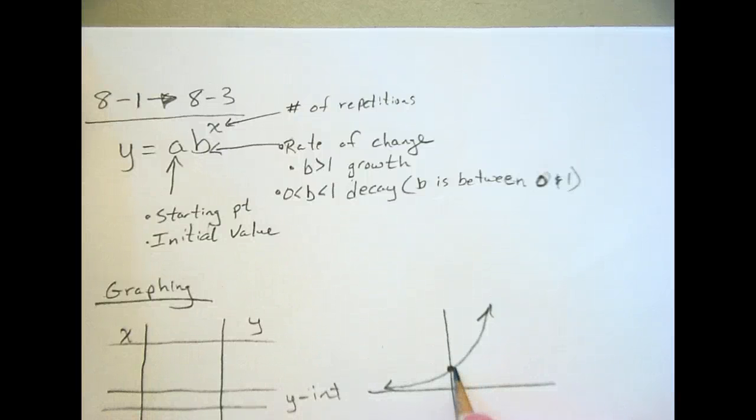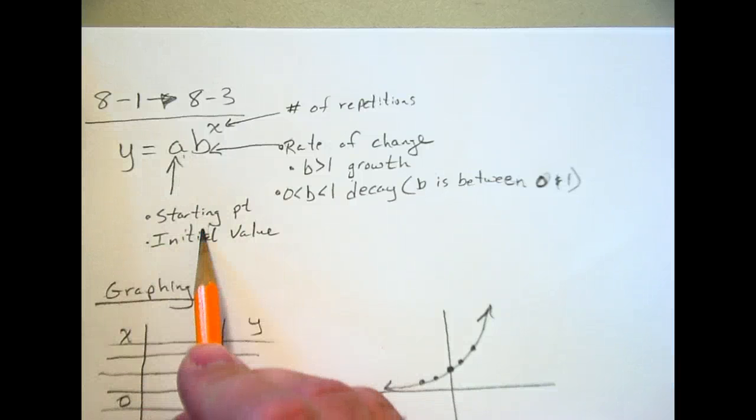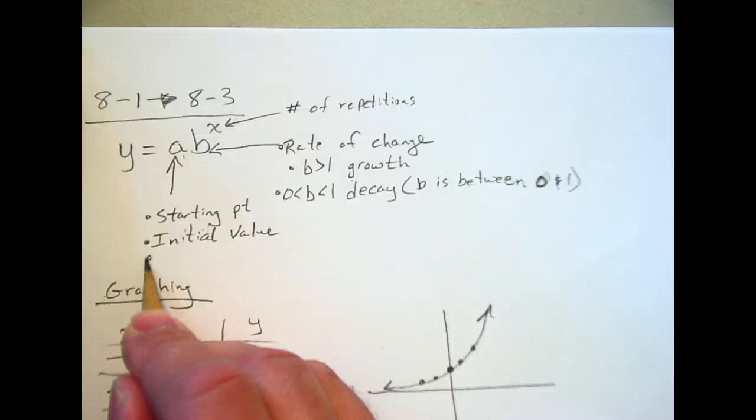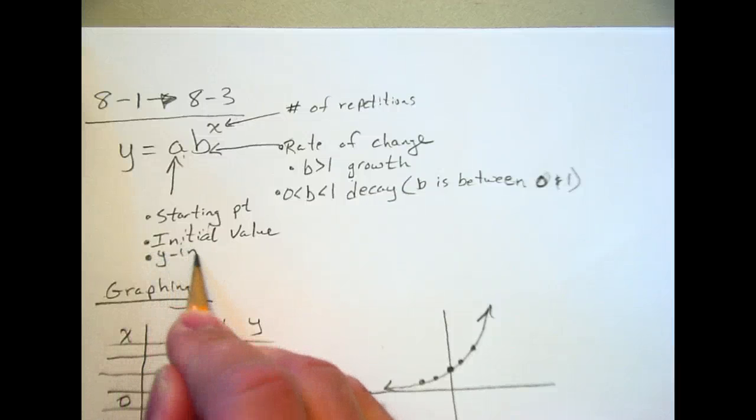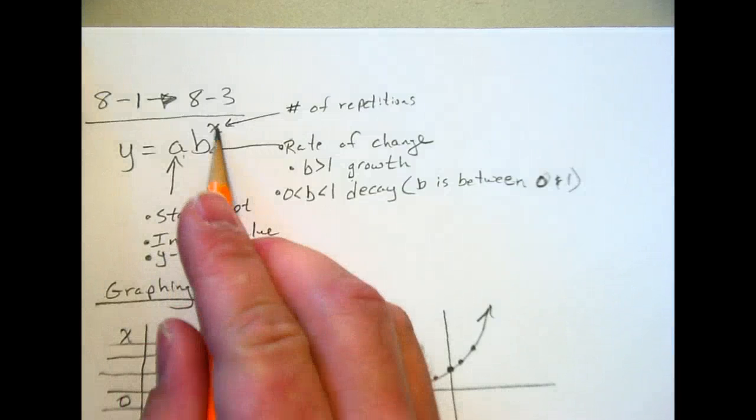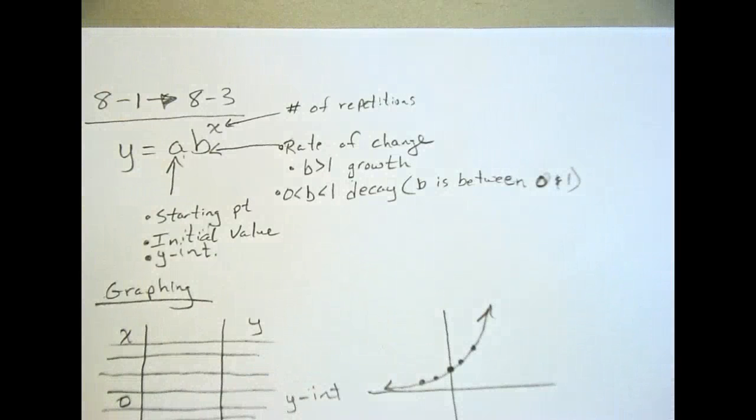We'd figure that out, and then we'd find a couple points on each side, enough that we would see that curve. The y-intercept was always when x equaled 0, and the other way to think about it, it was our initial value. This point up here is always our y-intercept, because when we put 0 in for x, b disappears. It becomes 1.